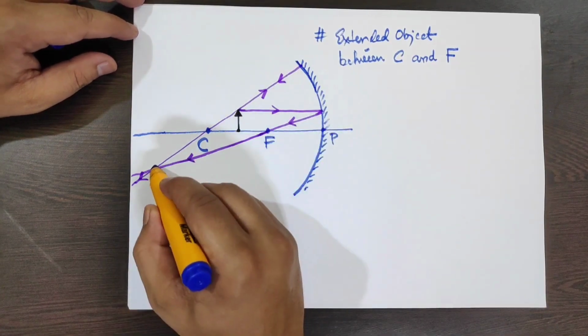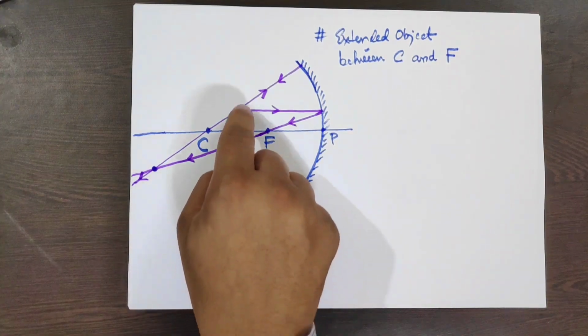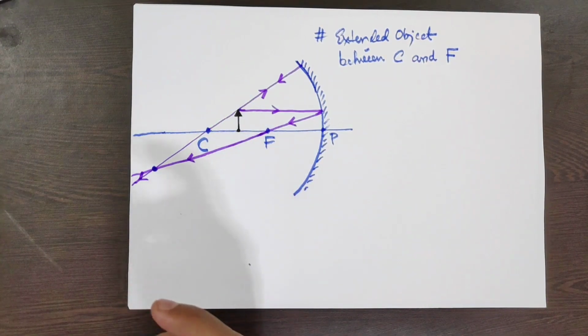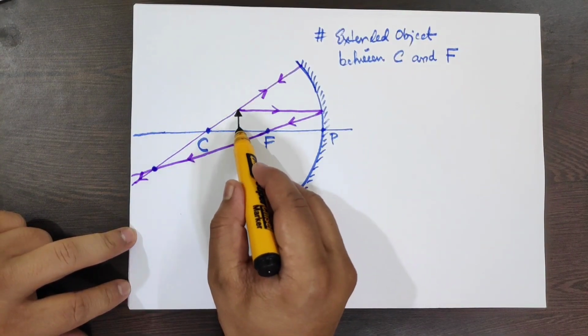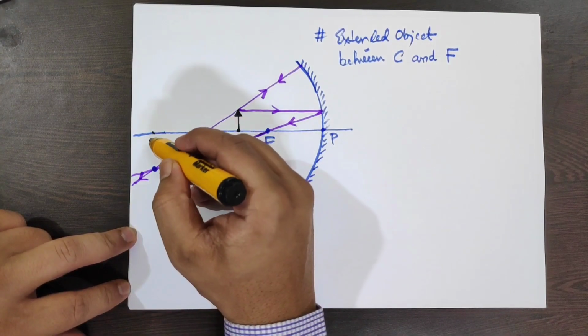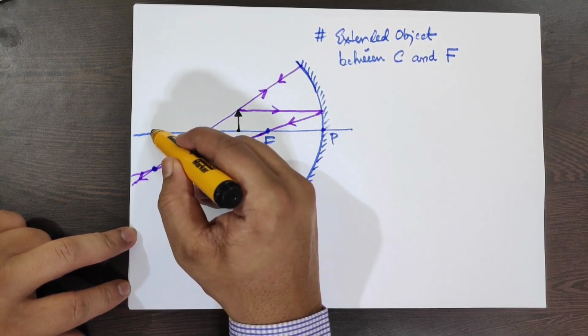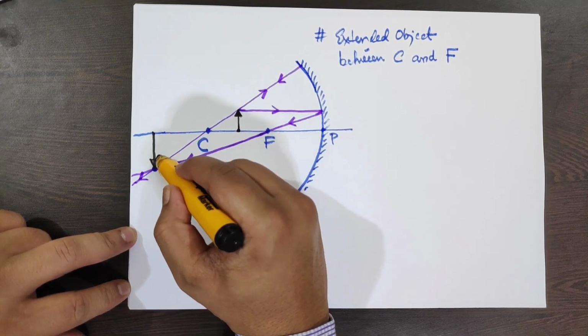So the image of this point is here. Similarly, the image of this point will be here. It will obviously lie here on the axis. So for this extended object, this is the image.